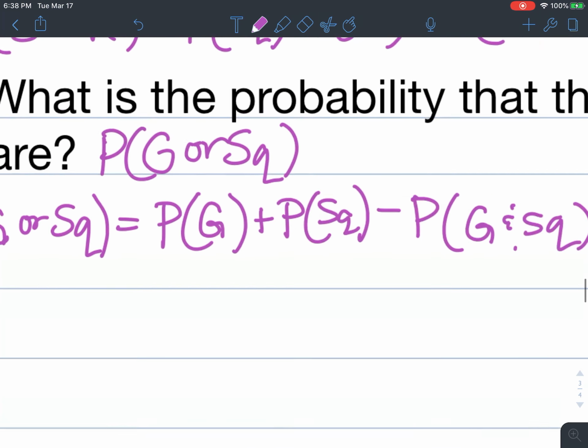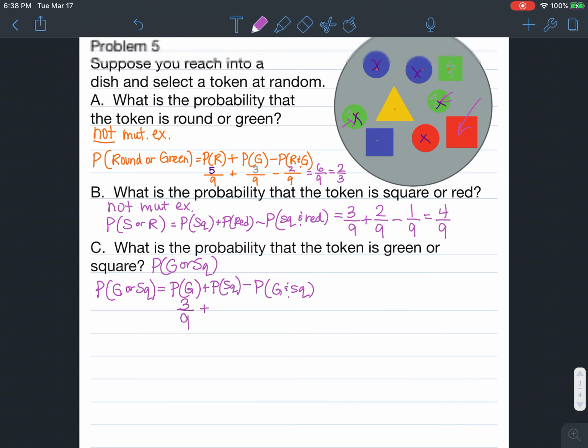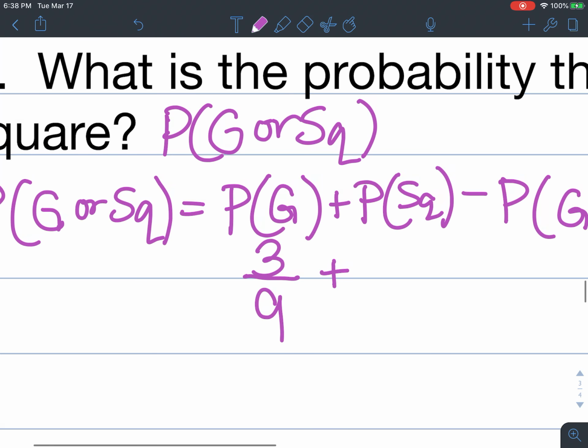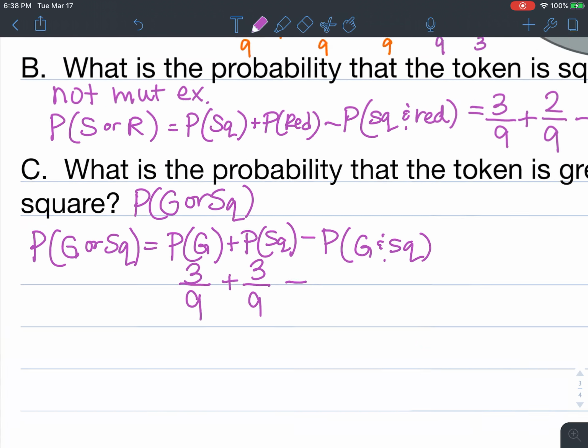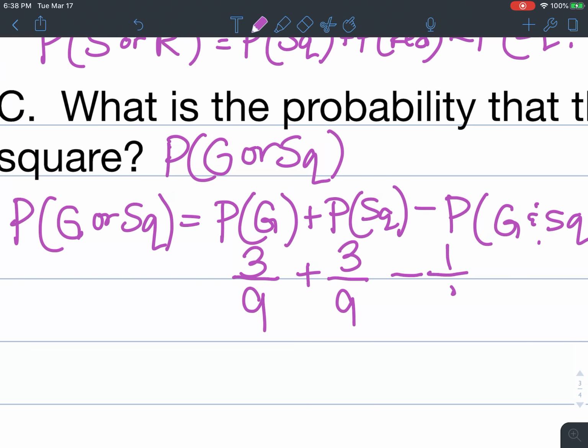So green, there's 3. So that's 3 out of 9. Squares, also 3 out of 9. And green squares, 1 out of 9.